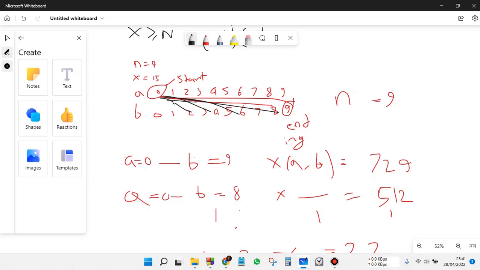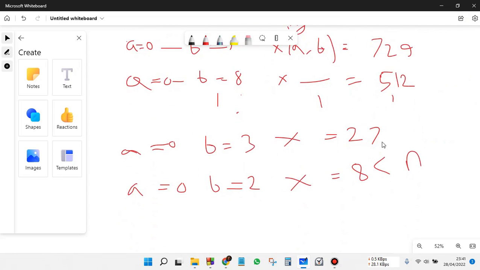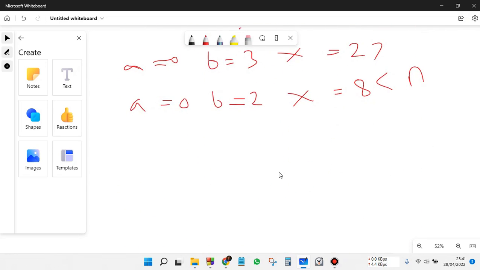So now a value is increasing, and on the other hand b value is decreasing. Using this formula, we find the actual minimum value possible.